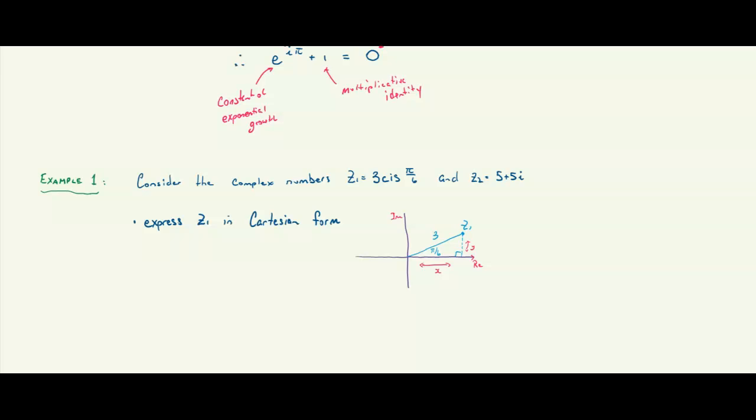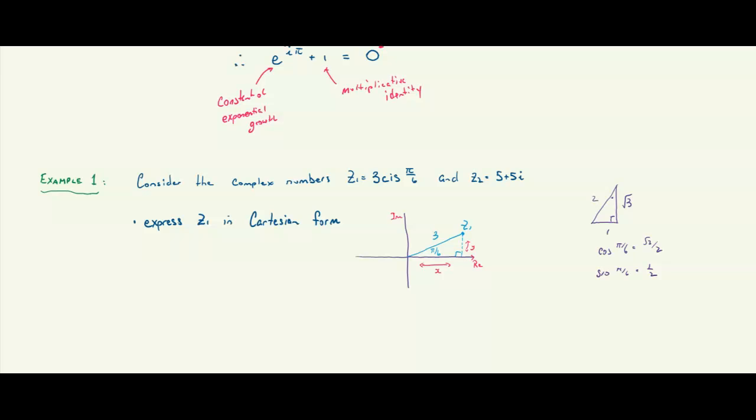I remind myself of what pi over 6 is, and that's that little angle up here. And this triangle is half of my equilateral. They're my side lengths. So I can see that cos of pi on 6 is equal to root 3 on 2, and sine of pi on 6 is equal to 1/2.